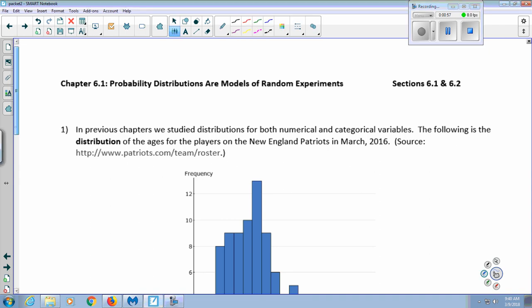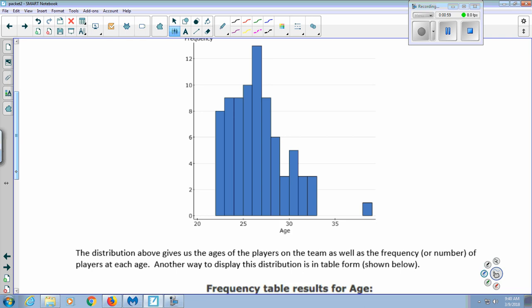So let's just take a look. So we're seeing a histogram here, and we've got our counts over here, right? So for example, New England Patriots who are 22, it looks like there are 8 of them.